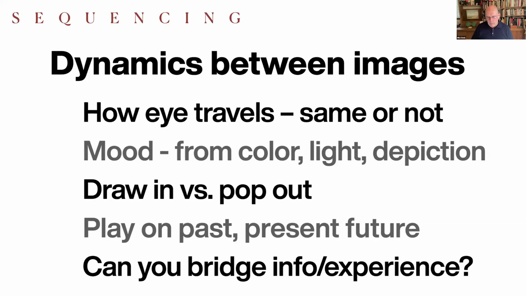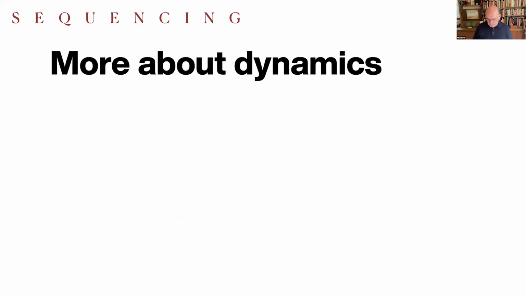The critical thing, though, is that you can get so esoteric in this kind of sequencing that you just can't bridge informationally or experientially from one photograph to the next. So you do have to be mindful of that. It's a hard thing to try to explain, but maybe we can do a little exercise that touches on that.